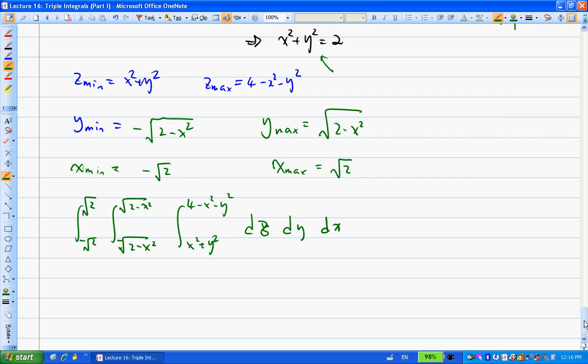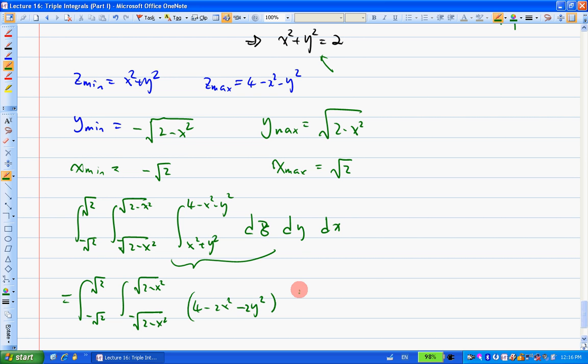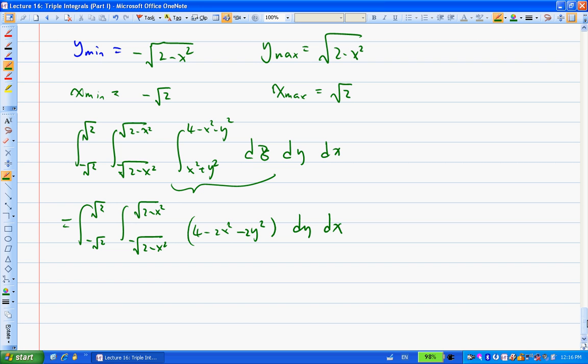So let's see what we have. First, this integral gives me this minus this. So that's 4 minus 2x squared minus 2y squared, dy dx. Not bad, right?